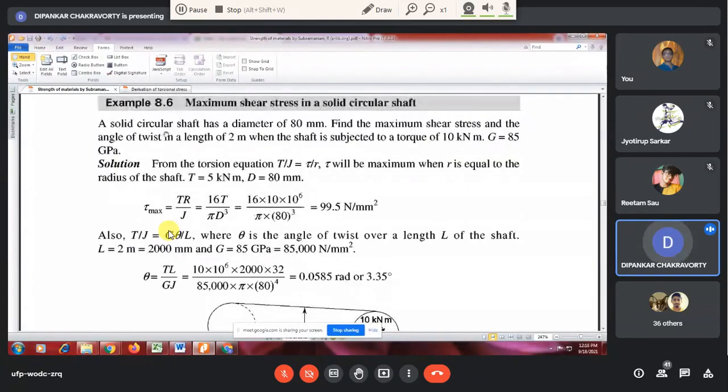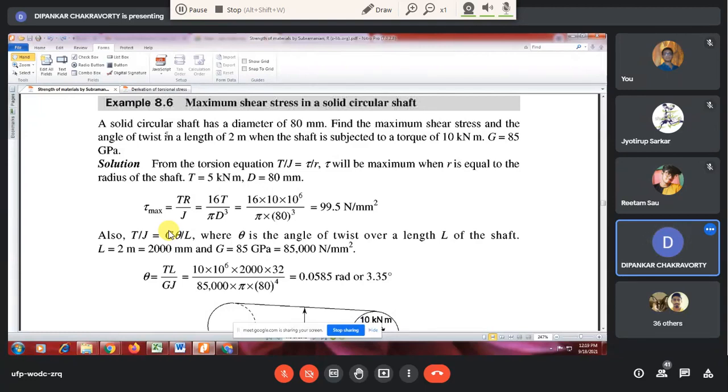So if you come to this problem, a circular shaft diameter has been given, the maximum stress and the angle of twist they have asked for, the torque they have given, and the section and the shear modulus in gigapascal they have given. Giga means 10 to the power what? 9?